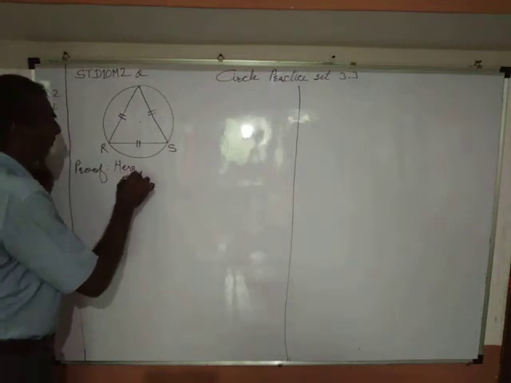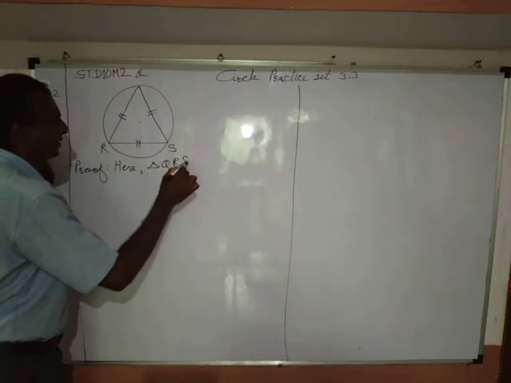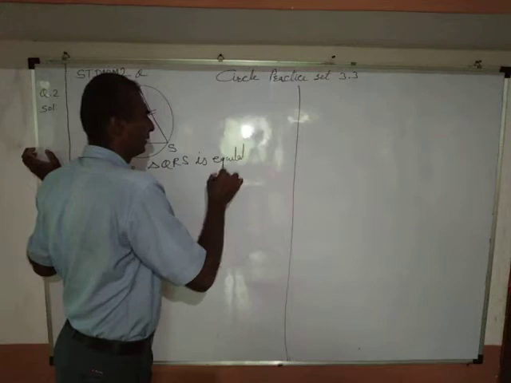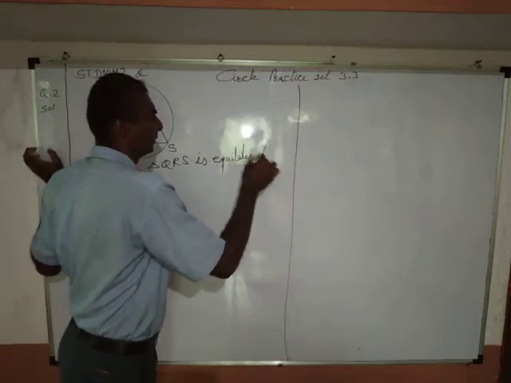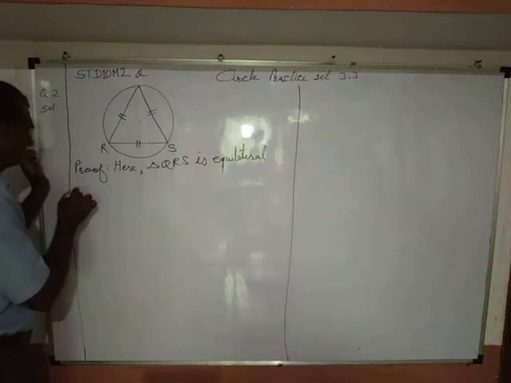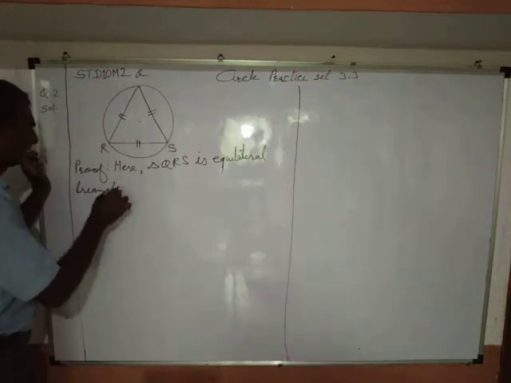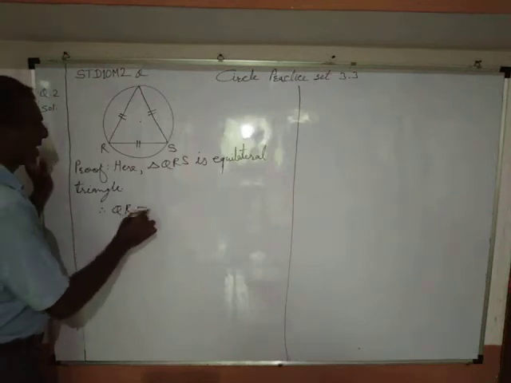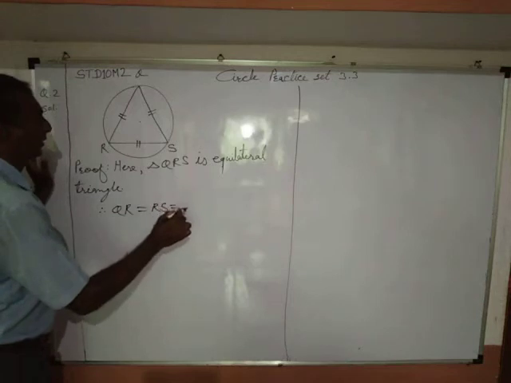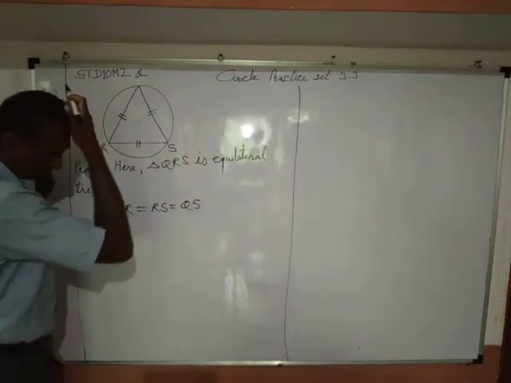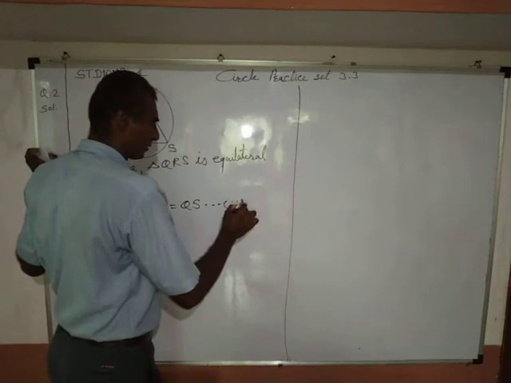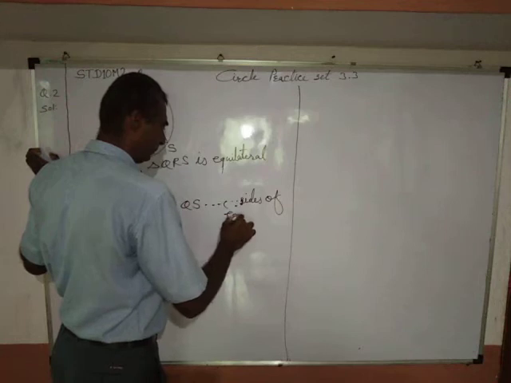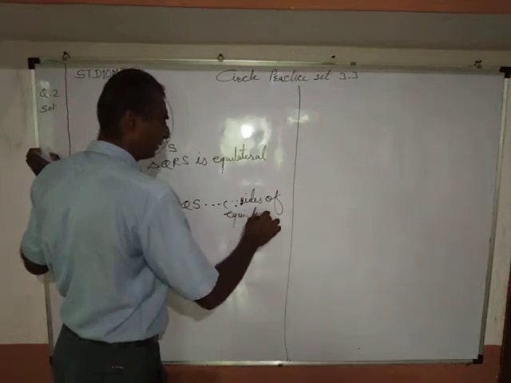Here triangle QRS is an equilateral triangle, and therefore QR equals RS equals QS, since sides of an equilateral triangle.